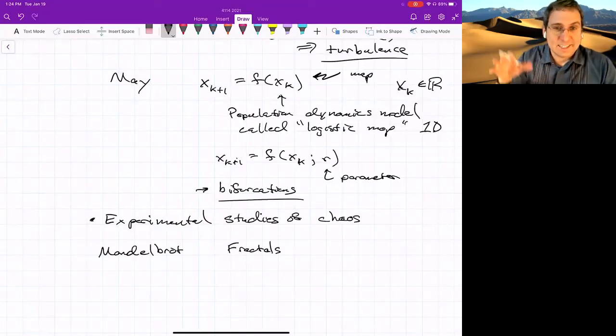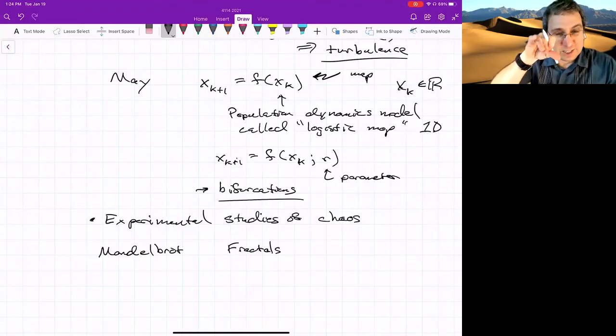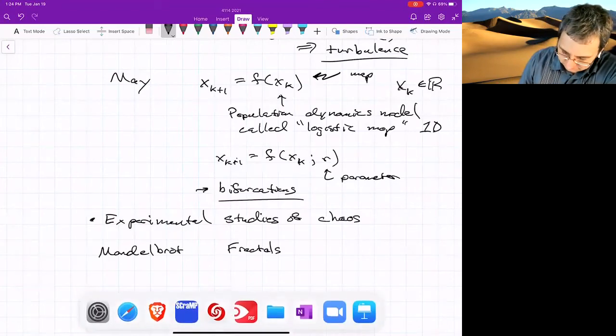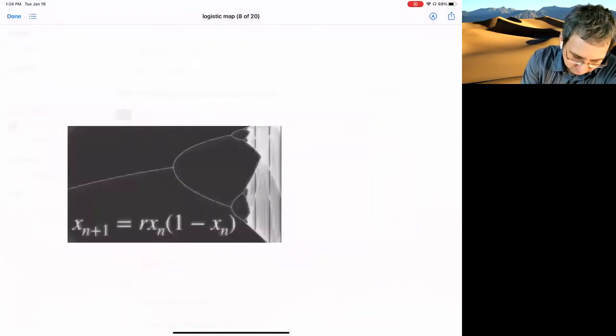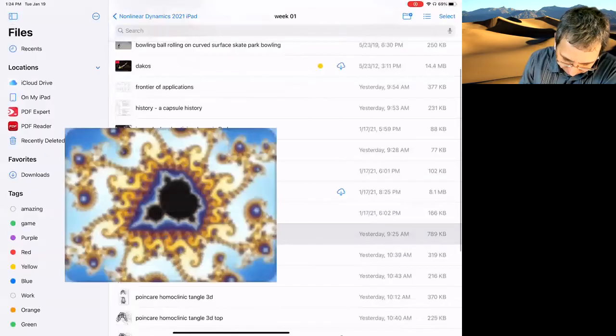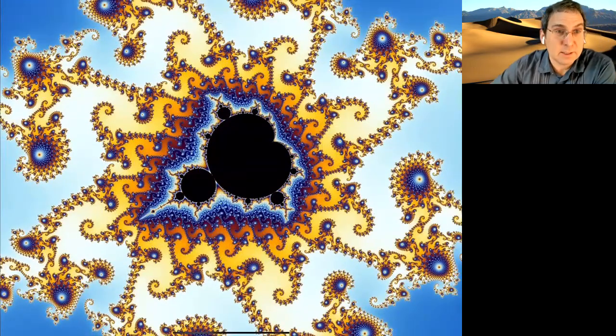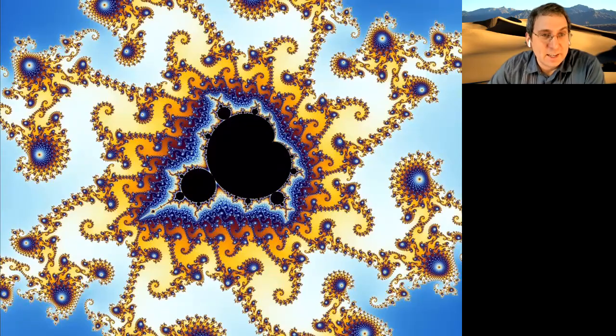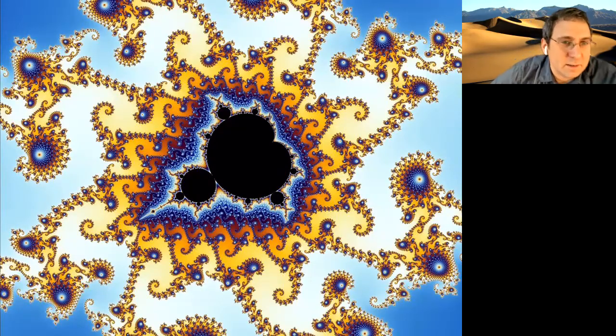A fractal is a structure that as you zoom in, you see the same structure on a smaller scale. And you zoom in further, you see the same structure. One of the more famous structures is, there it is. It's this kind of trippy looking thing. This is the Mandelbrot set. And it comes from looking at an iterated map, not over a real variable, but over a complex variable. If we were to zoom in on any of those spiral thingies, we'd see more spiral things. It would look the same. It'd be hard to know what scale we're looking at.